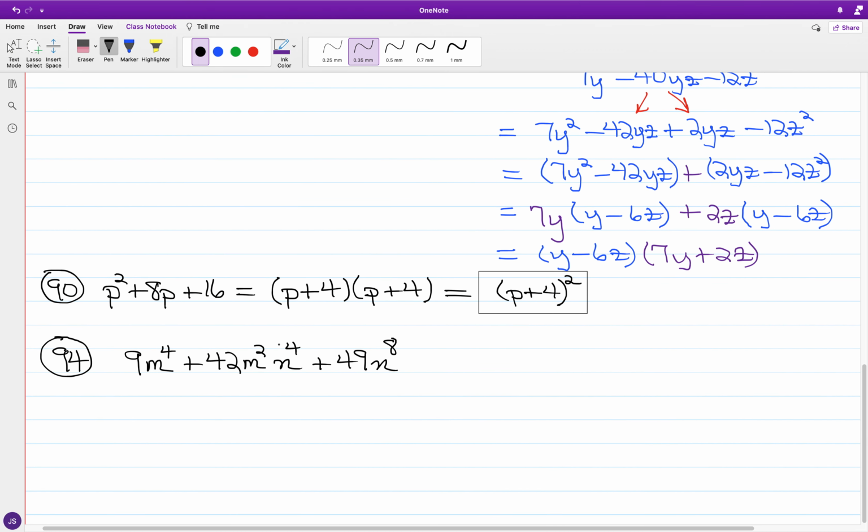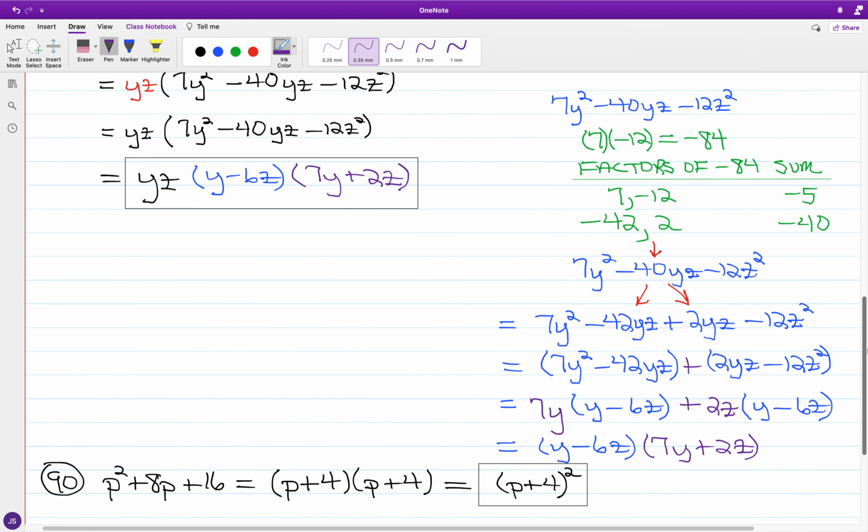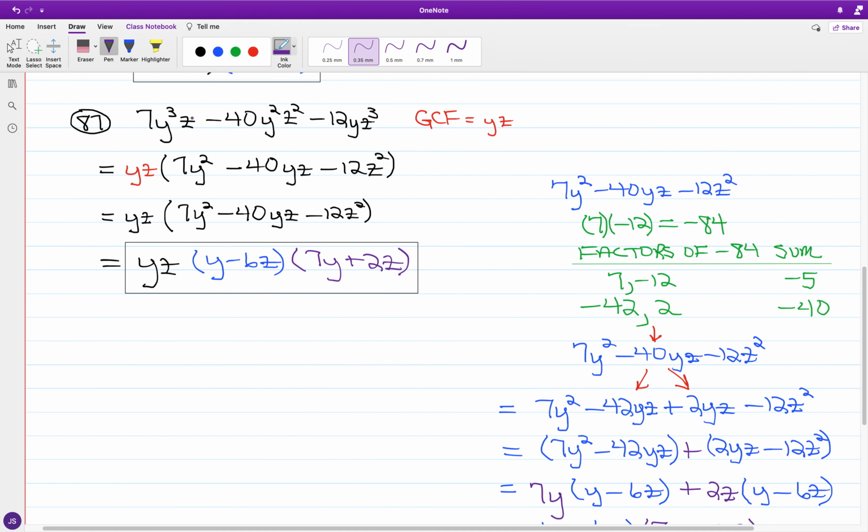But with the way that the degrees are aligned as well as the coefficients, I can perform the grouping. All right, so we have, starting out, we do not have a greatest common factor to extract. The reason is that earlier, say for number 87, the variables y and z were shared throughout all three terms.